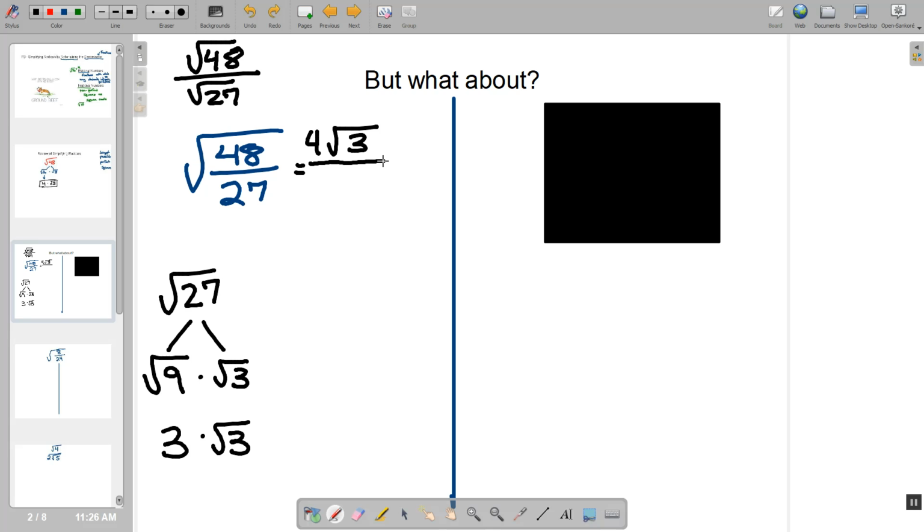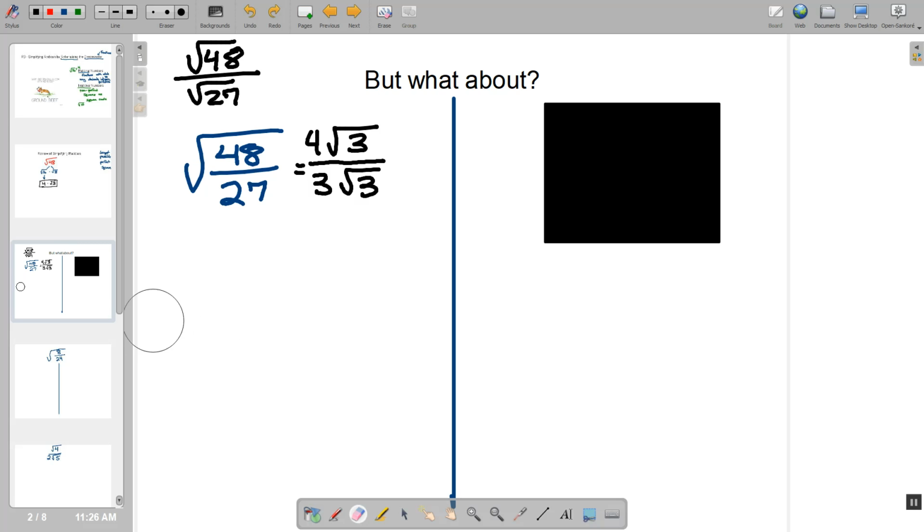Therefore, the bottom of our fraction is 3 times the root of 3. Hopefully I notice that because I have the same number in the numerator and denominator, I can get rid of this and replace it with the number 1, because any number divided by itself is equal to 1. So my answer is just 4/3.